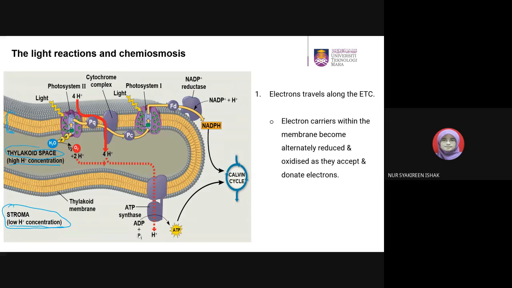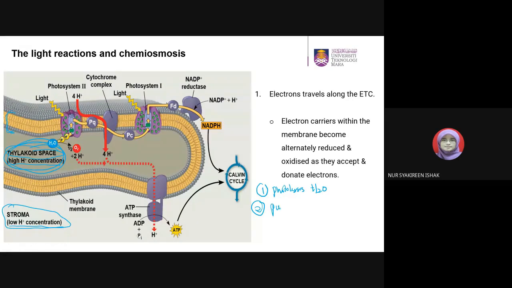So tadi kan, apa yang menyebabkan there is a high concentration of hydrogen ion kat thylakoid lumen? Satu daripada photolysis of water. The other source that contributes to the high concentration of hydrogen ion in the thylakoid space is the pumping.